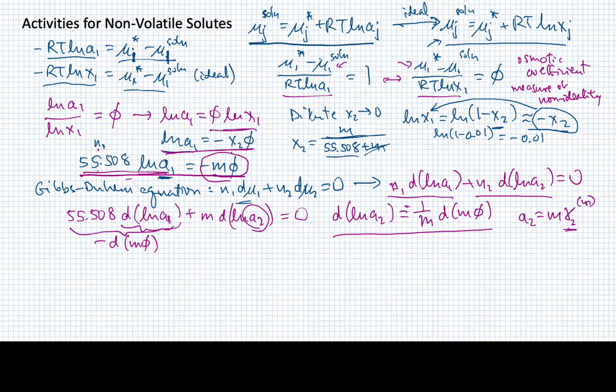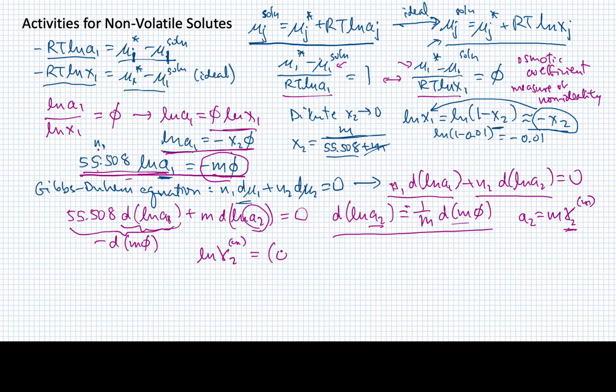But when we substitute this in for A2 over here, and we work out this total differential of the product, and then integrate from basically a molality of 0 to some undetermined molality, we can write down the final result for the log of the activity coefficient, and I should always specify that this is for molality.